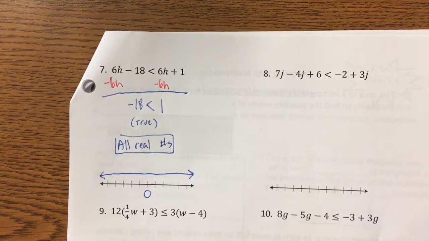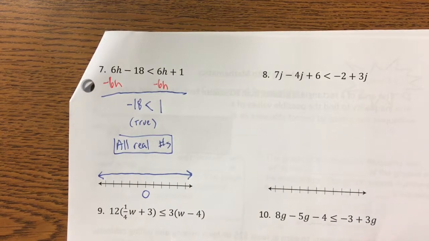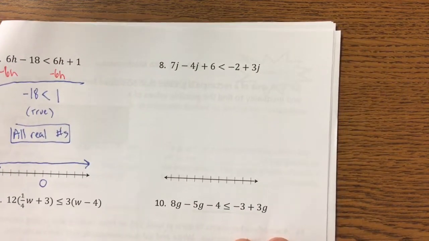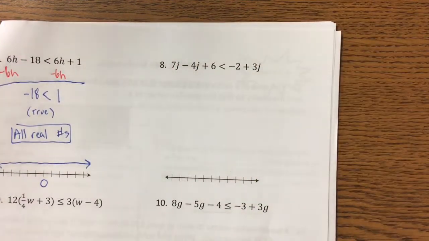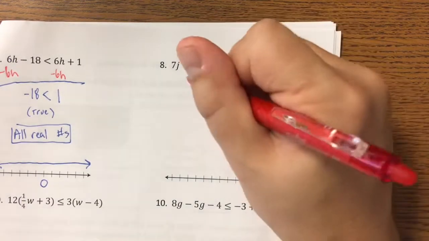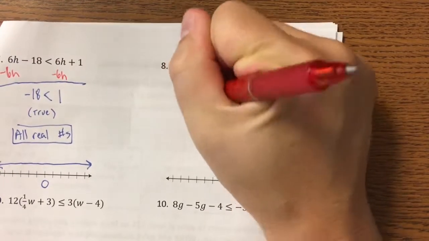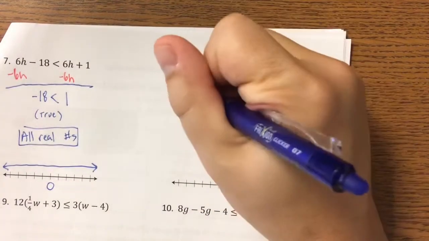Any questions about that? How do you think we will graph something that has no solution? Just don't graph anything. Yeah, pretty much. Okay, so for number 8, I'm not sure which one this is going to turn out to be. Let's just see real quick.